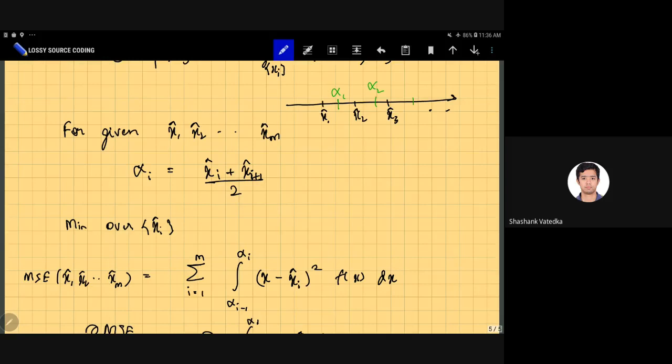So in fact, if you think about it, suppose that I have only 2 points, x1 hat and x2 hat, right? If this is my alpha, then under what conditions do you think the midpoint would be the one which minimizes the mean squared error?